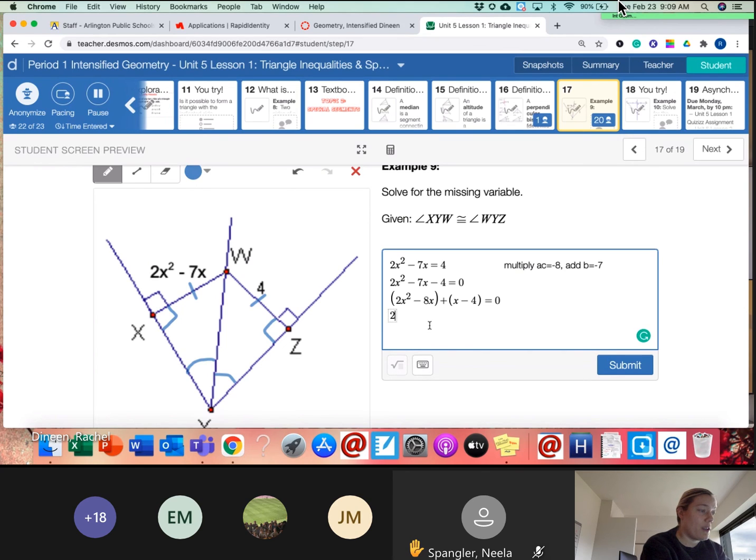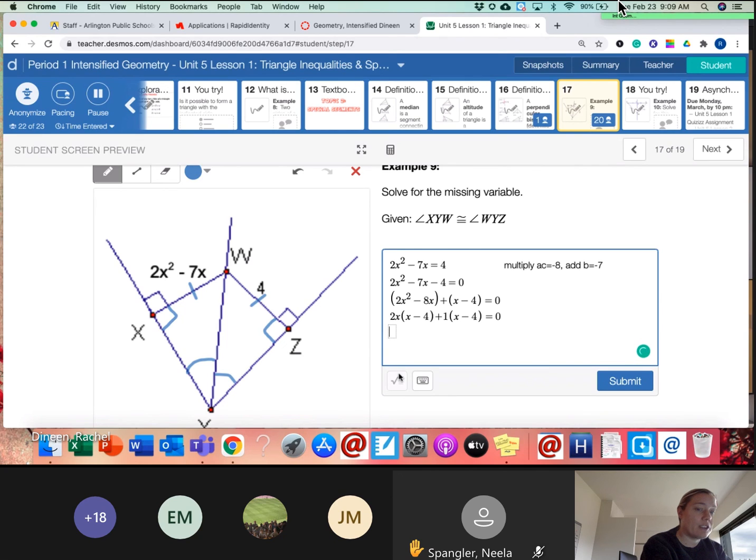If you want to stay on afterwards, I can go over the next example with you for sure. Then I'm going to factor out my greatest common factor. You always have to factor out something. So I'm going to factor out a 1, and then factor out my greatest common factor one more time, which is x minus 4. And then I have 2x plus 1 equals 0.